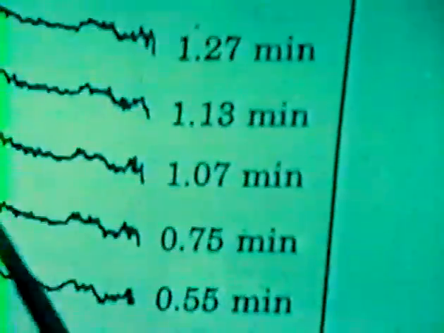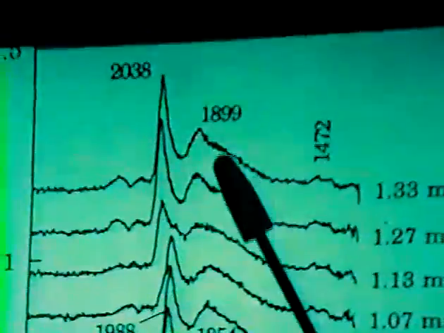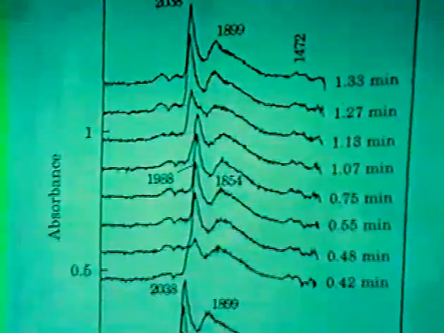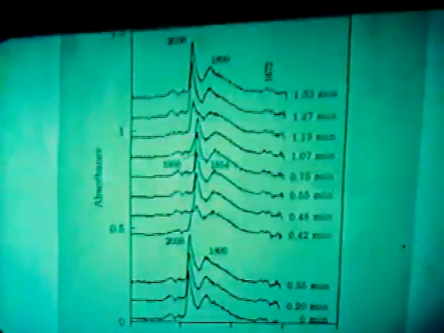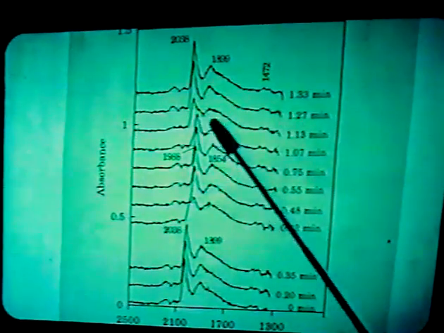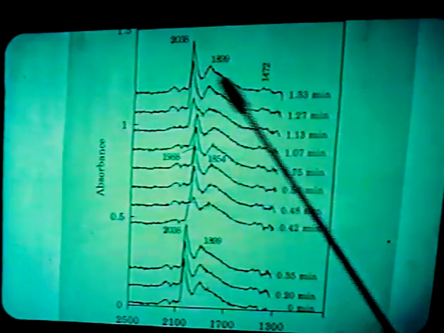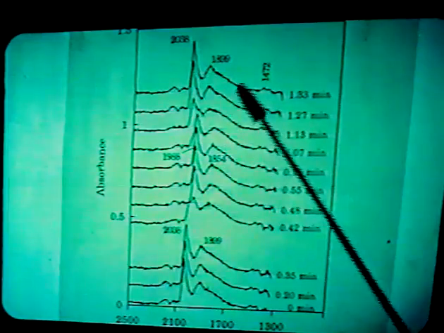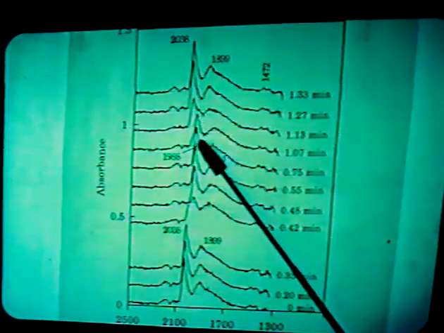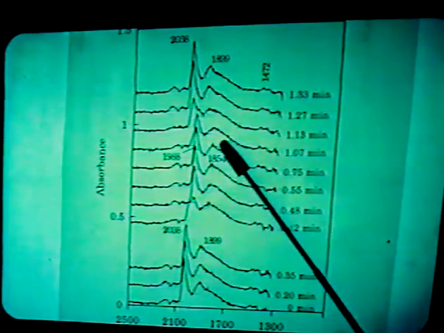Okay, 2038 is the linear C12O. 1899 is the bridge C12O. At a certain moment, this adsorbed C12O is replaced by adsorbed C13O.